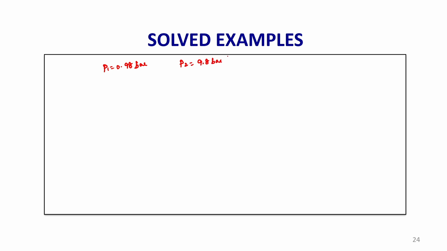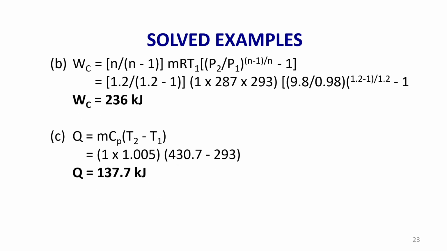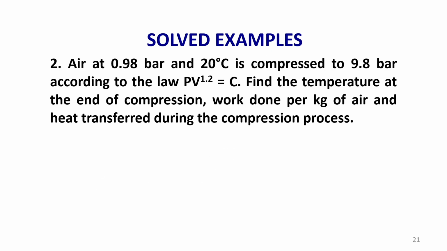In the example which we are discussing now, the pressure is increased to 10 times, from 0.98 bar to 9.8 bar. The initial temperature of the air is 20 degree centigrade and the compression follows the law PV^1.2 equal to constant.